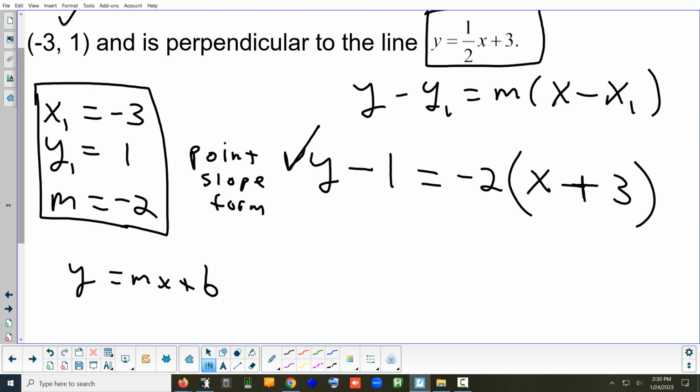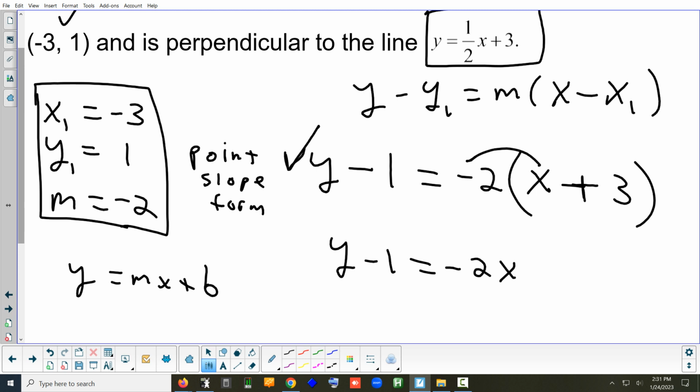But if they ask for this form, we just have to do two things to that. Does anybody remember what you have to do with this -2 on the right side because it's in front of parentheses? Yep. You would distribute it. What's -2 times x? -2 times x.